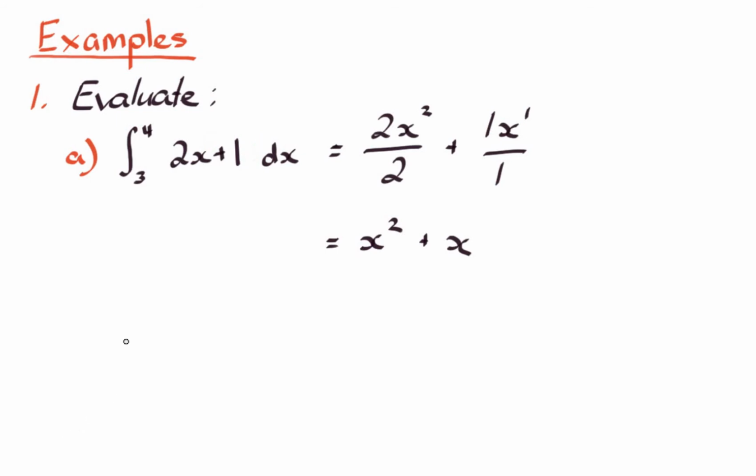When we're dealing with definite integrals that have these x values, it's common for us to use square brackets around our antiderivative function, and then to place these x values here, just to show that we are still dealing with a definite integral. And now is where we use the fundamental theorem of calculus.